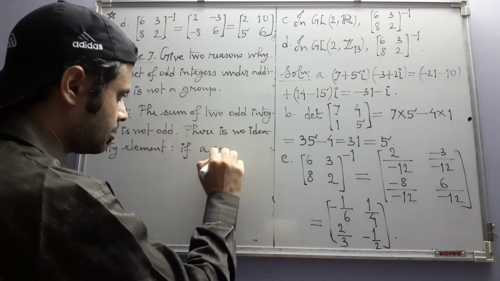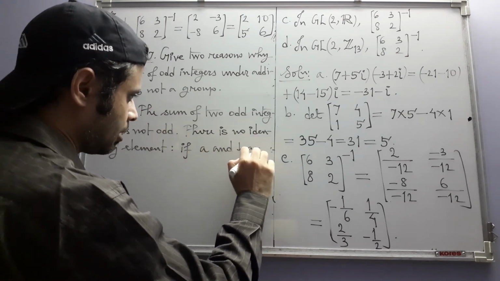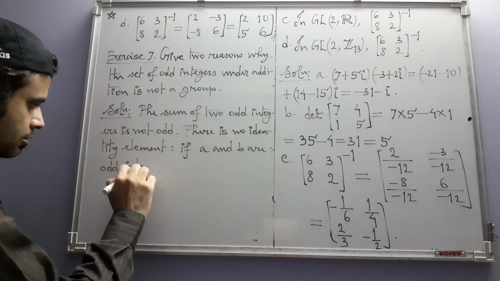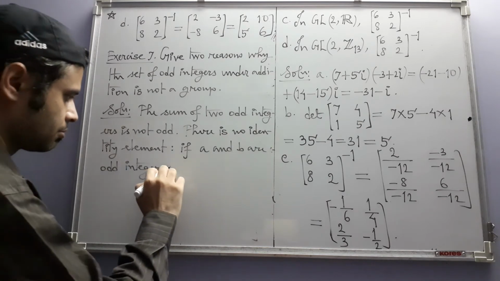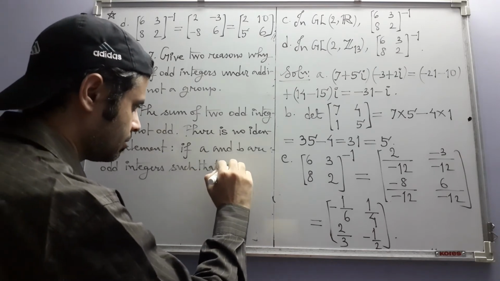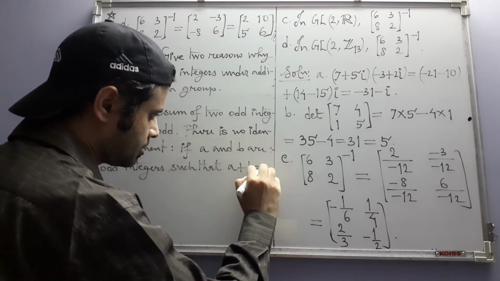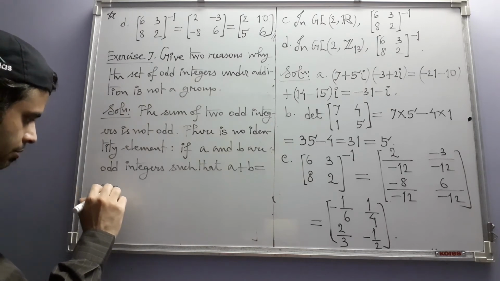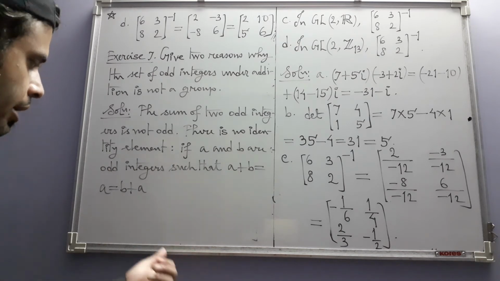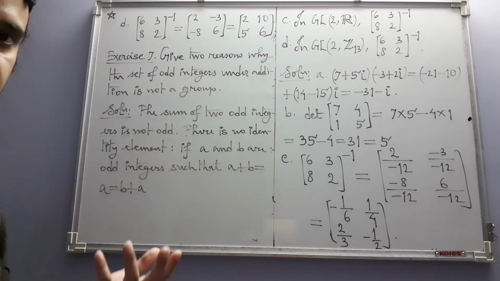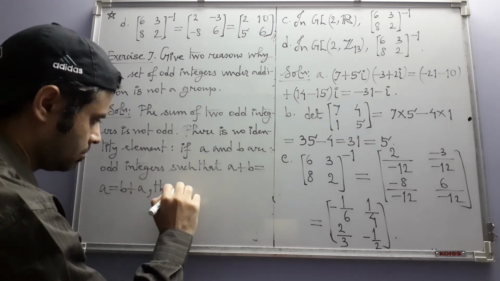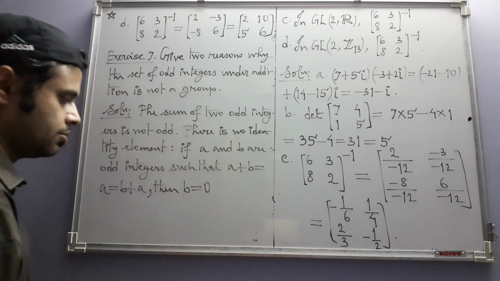If A and B are odd integers such that A plus B is equal to A, which is equal to B plus A, so that B plays the role of an identity, then B is equal to 0.